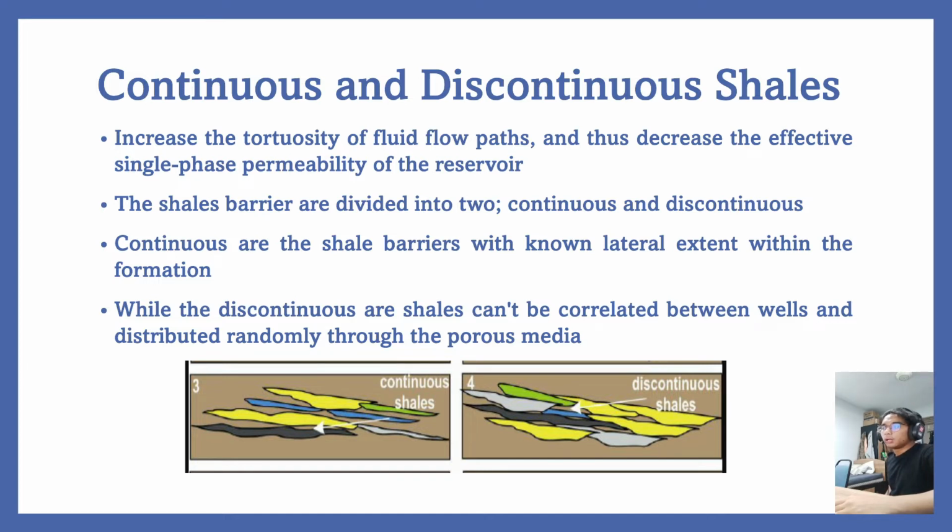The shale barriers are divided into two: continuous and discontinuous. Continuous shales are barriers with no lateral extent within the formation, while discontinuous shales can be correlated between wells and are distributed randomly in the porous media. As you can see, the image below shows continuous shales and discontinuous shales.